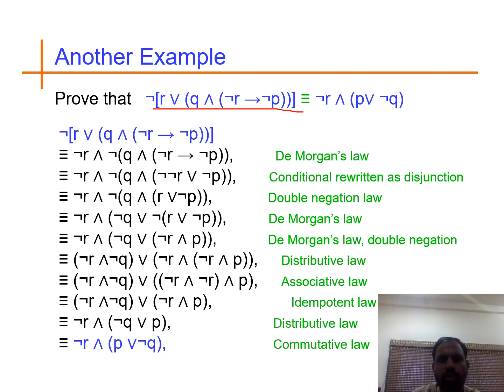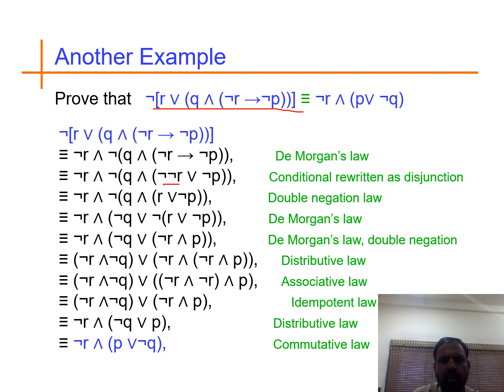First of all we use De Morgan's laws, then we get negation of R and negation of Q and negation R implies negation P. Now we can use the conditional, so we can rewrite it as a disjunction: negation of R and negation of Q and negation of R or negation of P. Now by double negation this will become R and the remaining will be the same.